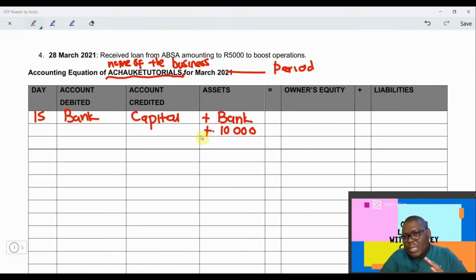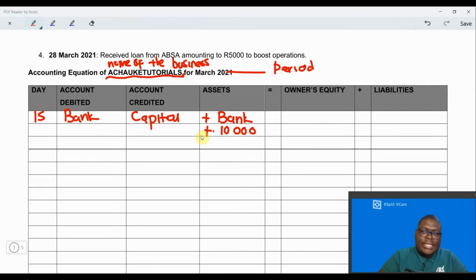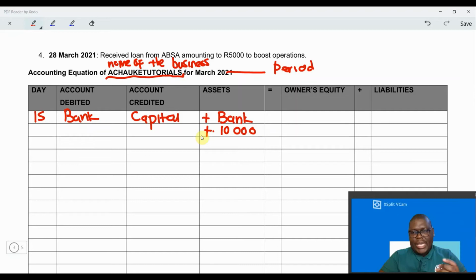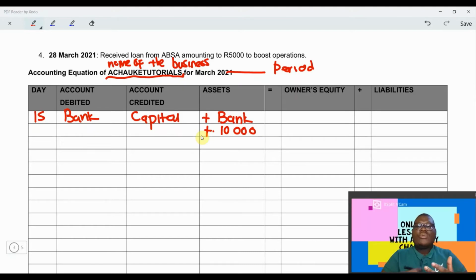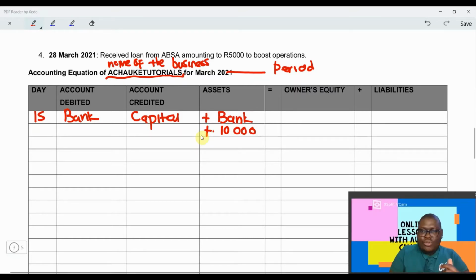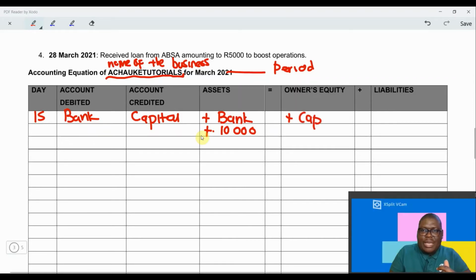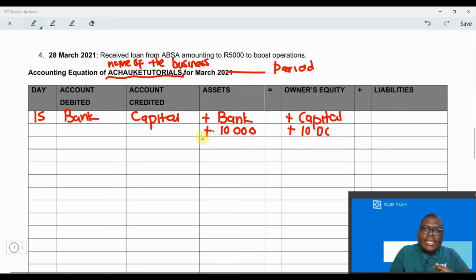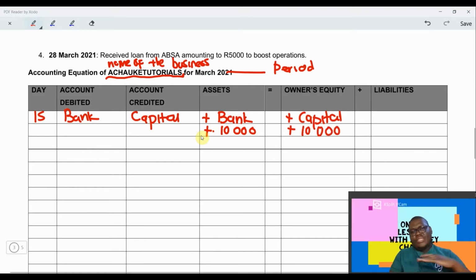And we know it can't be liabilities, because liabilities are the debt of the business. So we are only left with owner's equity, and we understand that the owner's equity is the net worth of the business. So the more you as an owner put money in the business, the more your net worth increases. So this means that I'm going to increase capital. So it's going to be plus capital. Capital increases the owner's equity, and then we'll have plus 10,000.